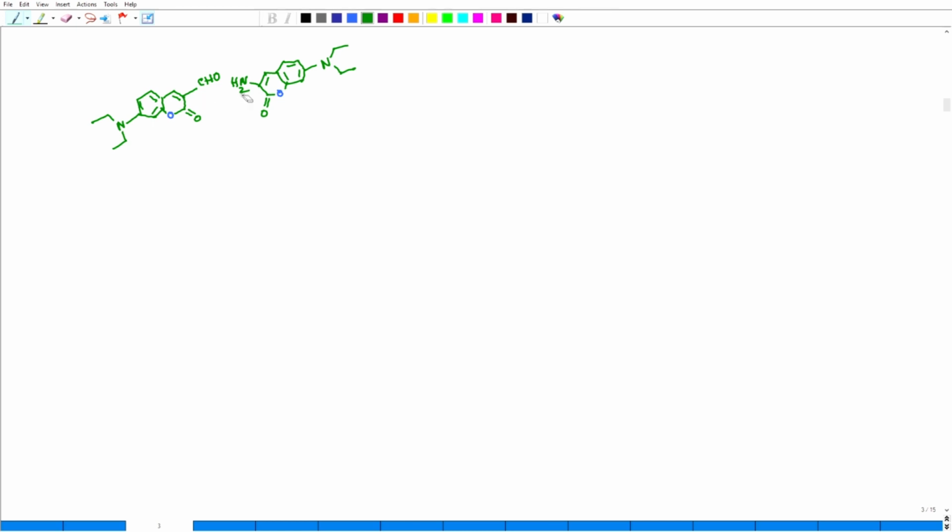H2O out means you get this compound, CH double bond N. This is called an imine linkage, imine.